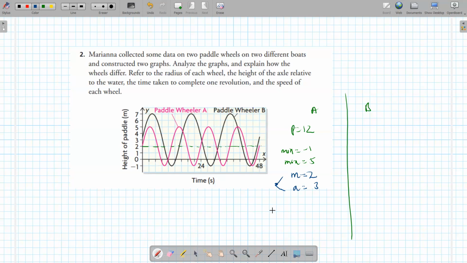What's the formula for speed? Distance over time. Right. So what is our distance? What are we looking at when we're looking at our distance?